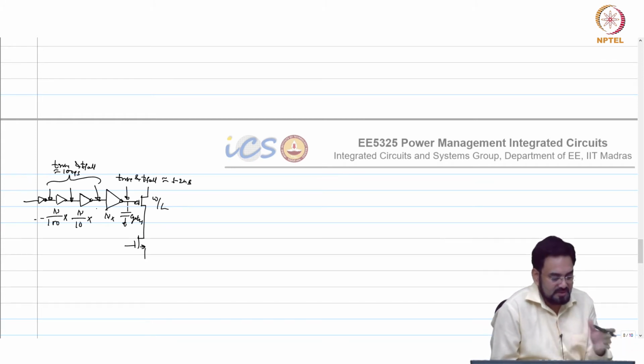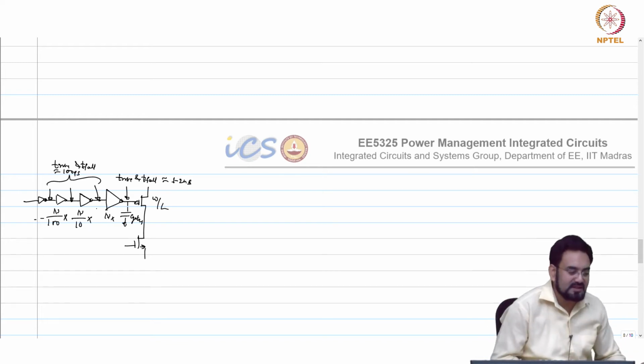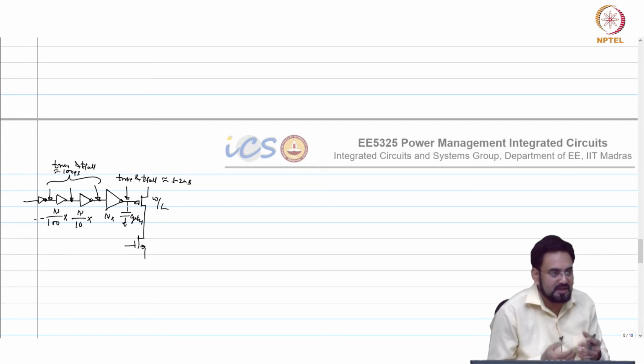That's why you progress gradually rather than simply putting in 2 or 3 inverters.